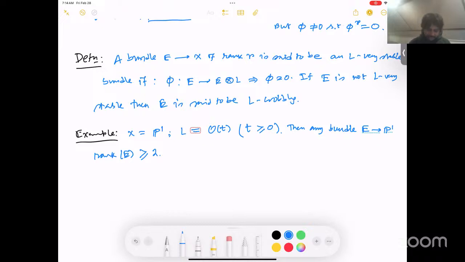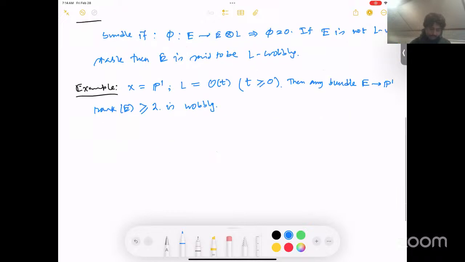Okay, nothing to check. Then any bundle E which has rank at least 2 is wobbly. Okay, so it is very straightforward because on projective line we have the famous Birkhoff-Grothendieck decomposition, which makes our life simple.